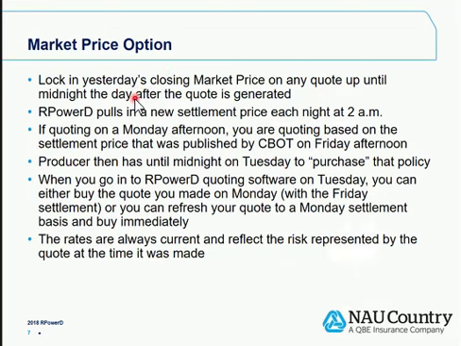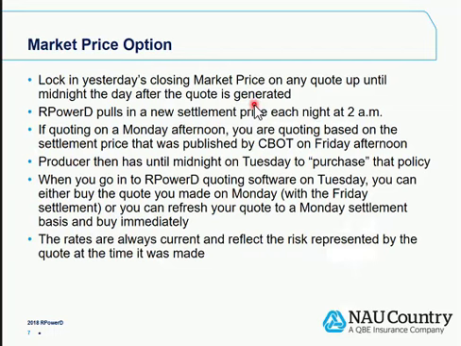Market price option, as I mentioned, lock in yesterday's closing market price on any quote up until midnight the day after the quote is generated. Okay, so today's Tuesday. We like to close with the price yesterday. I should have looked and seen what that was. We'll just say, for sake of discussion, that's $3.80 a bushel.